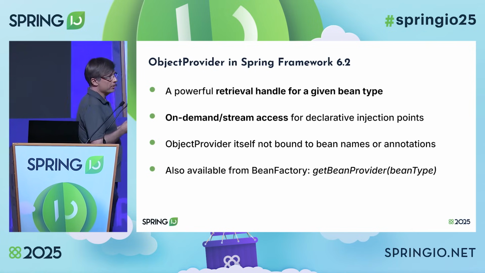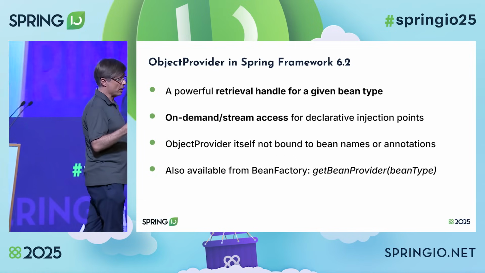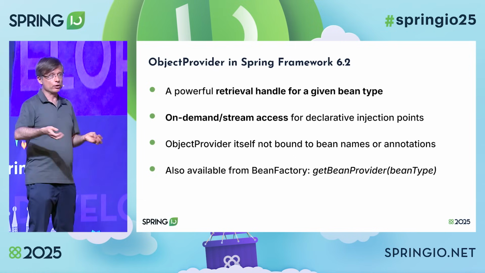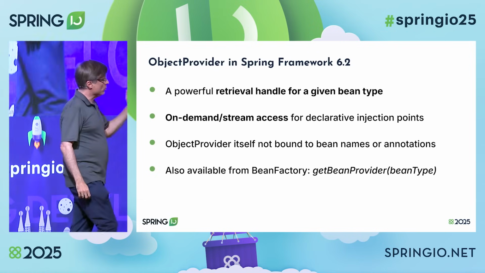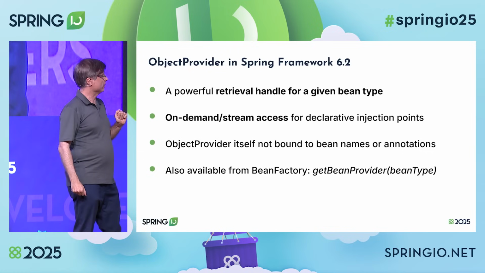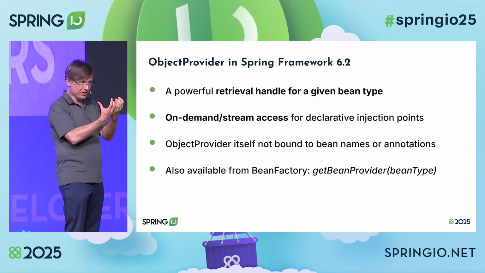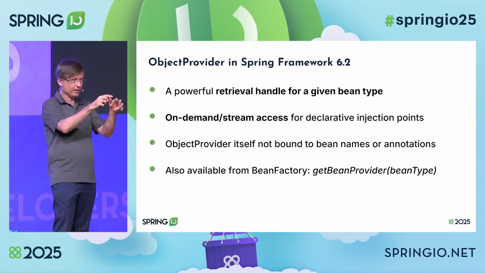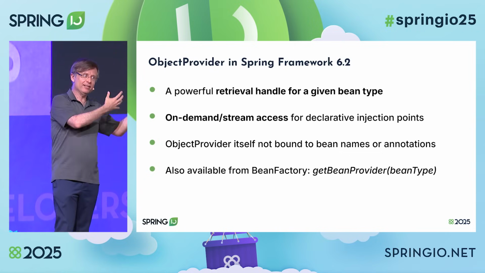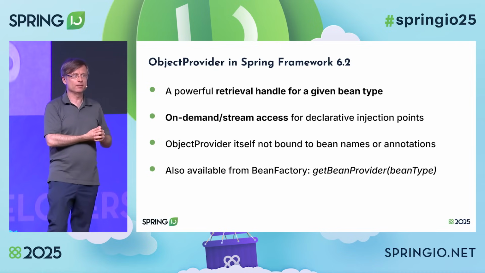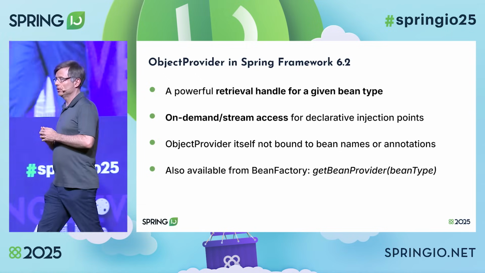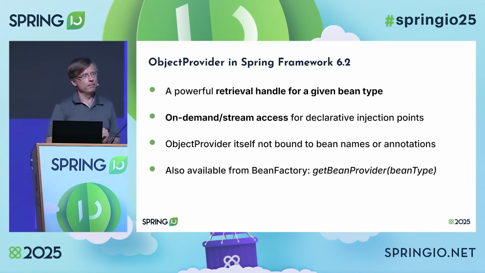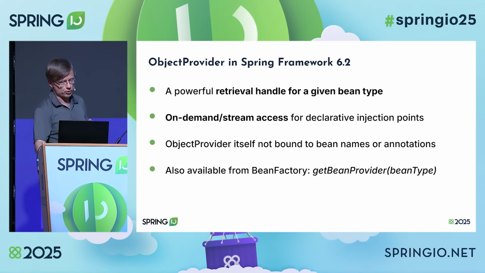You can declare it for a declarative injection point, as we've seen on a factory method, on a constructor, wherever. You can also programmatically get an object provider. If you have a bean factory in your hands, in your code, call get bean provider of a particular bean type, like get bean provider data source.class, you're going to get an object provider of data source, the same API. So there's also a purely programmatic way of using object provider.